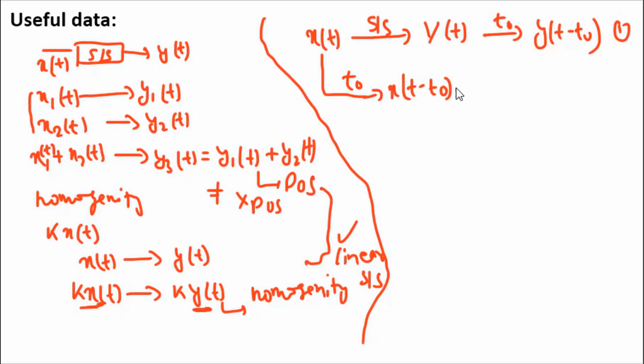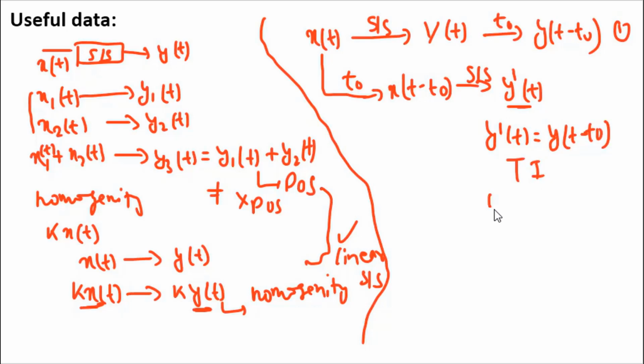Now you pass this delayed signal through the system and you get the output y dash of t, and if this y dash of t is equal to y of t minus t naught, then the system is time invariant, otherwise time variant. So these are the conditions for linearity and time variance and invariance.